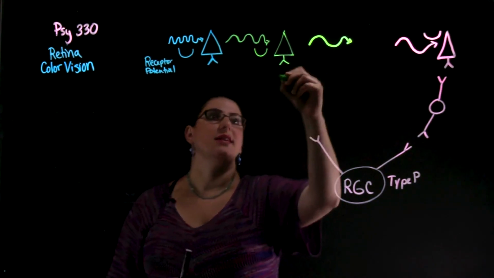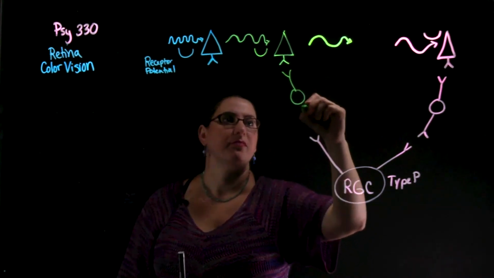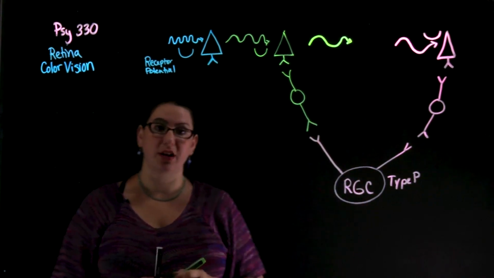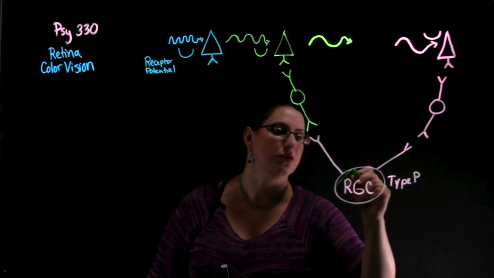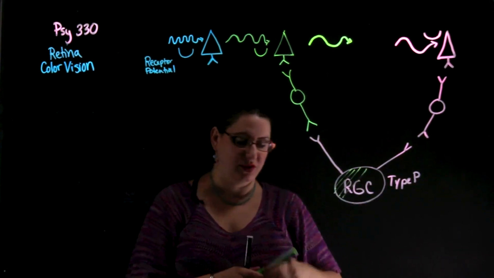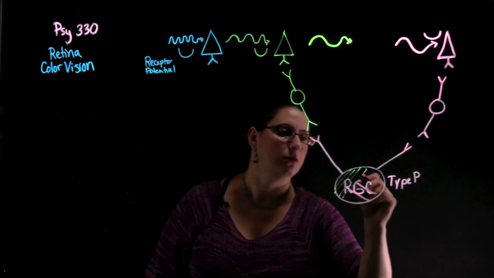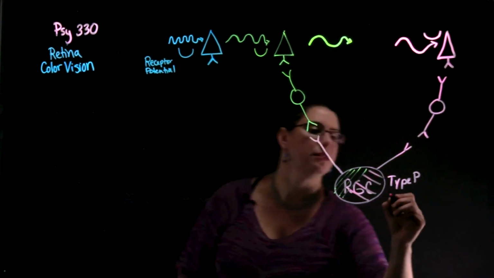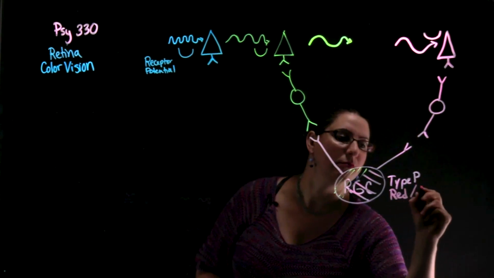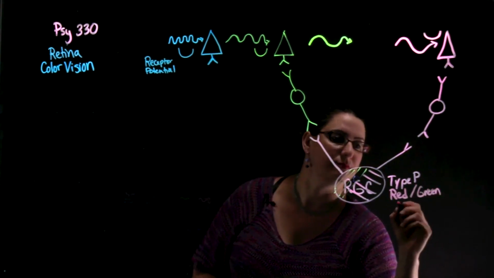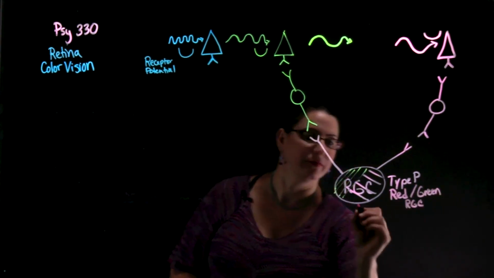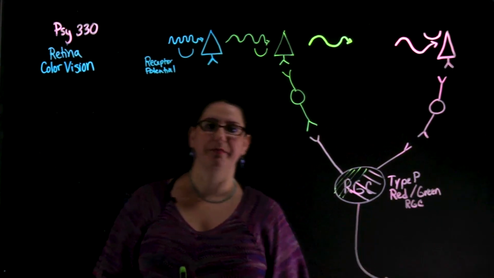That's because it gets information not just from red cones, but also from green cones. So this is the red-green retinal ganglion cell. Okay, and there's its axon.